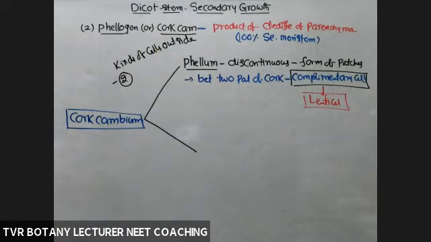Phellem and complementary cells. If you look into the textbook, it is clearly mentioned that the phellogen or cork cambium produces complementary cells here and there within the phellem. What is the meaning of that? Phellem is discontinuous. That part is very, very important.